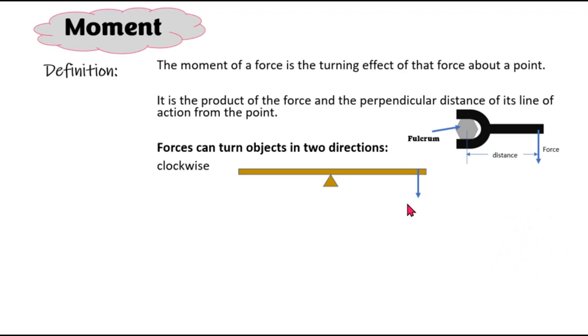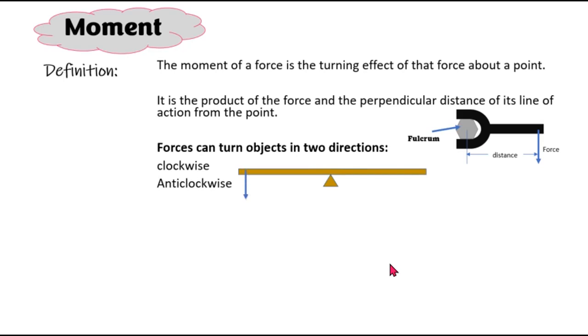So that is a clockwise direction, as long as it's turning in the same manner that a clock turns. Notice the beam was turned in the same direction that the clock hands would move. That is clockwise. And likewise, if I remove the force, the beam will return to its normal position, its rest position. Now the second direction is anti-clockwise. And for this one, I'll apply a force here.